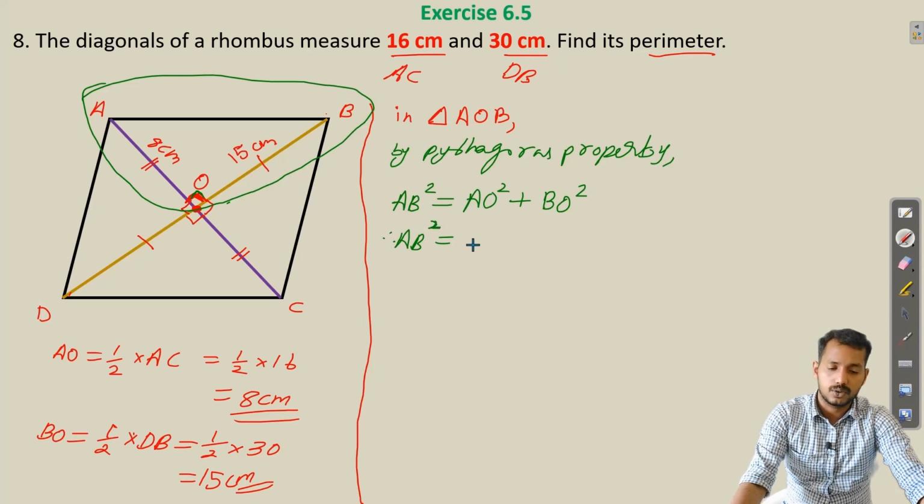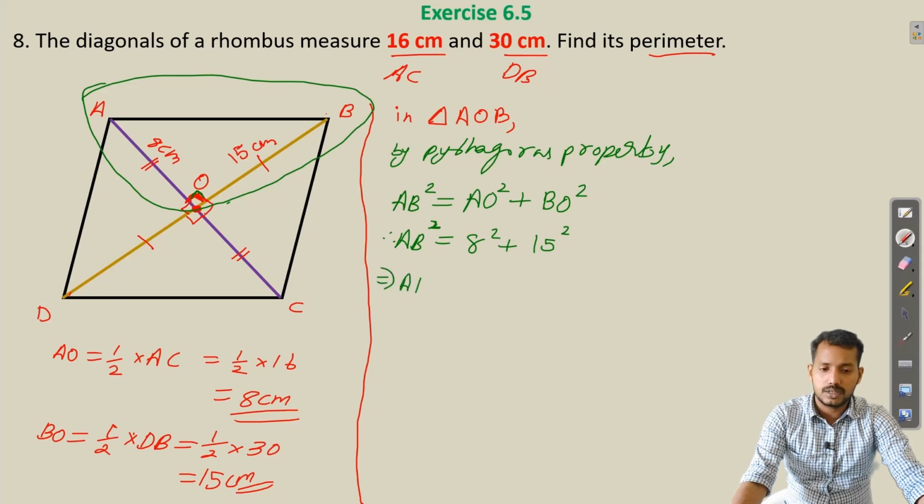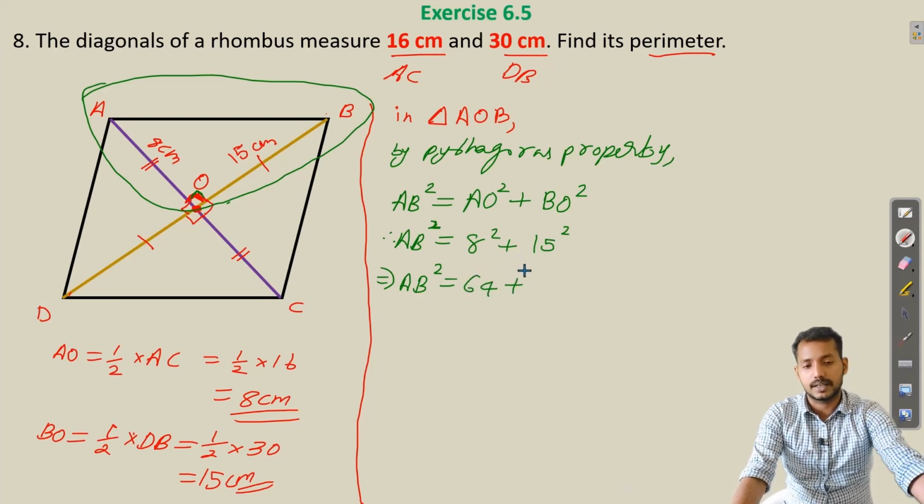Therefore, AB square is equal to, what is AO? AO is 8, so AO square is 8 square plus BO square, that is BO is 15, so BO square will be 15 square. That implies AB square is equal to 8 square, which is 8 into 8, that is 64. I am directly writing, I am not going to write again.